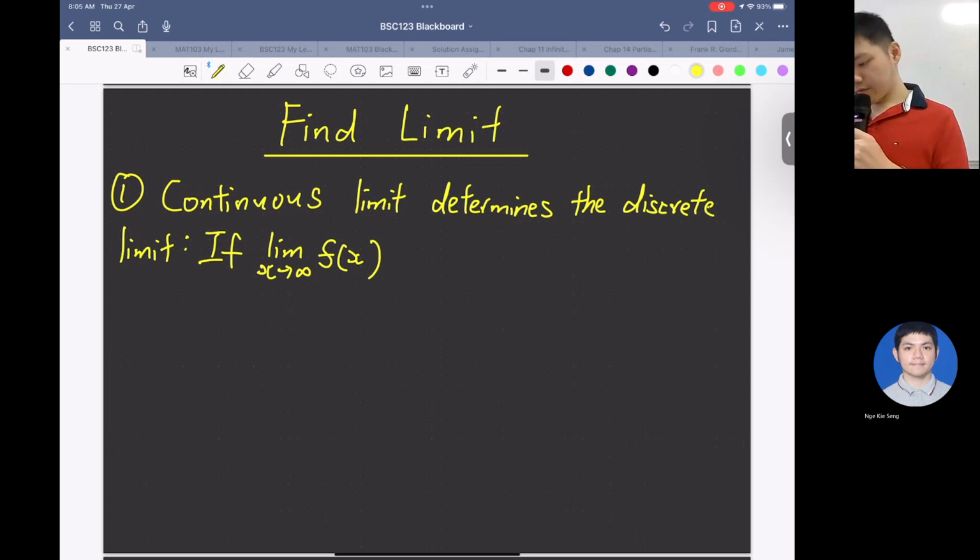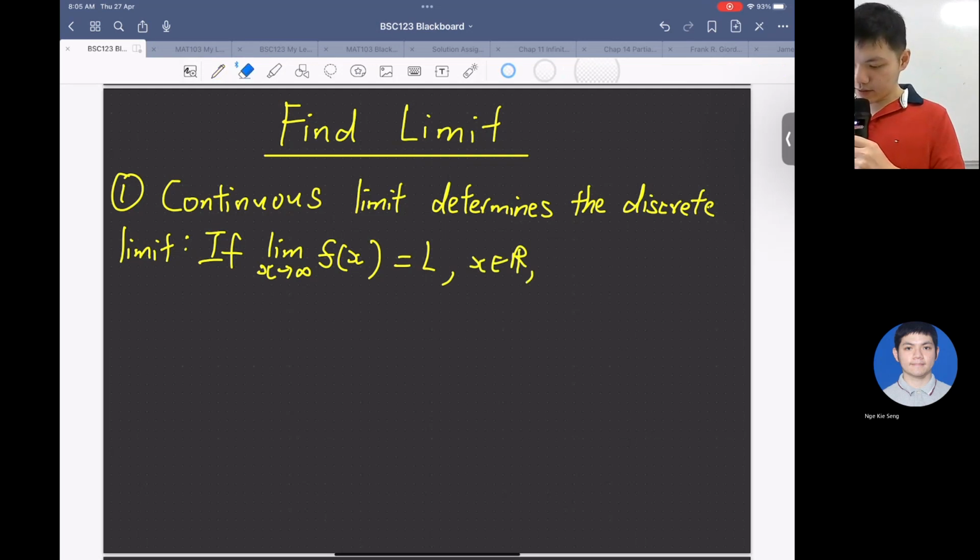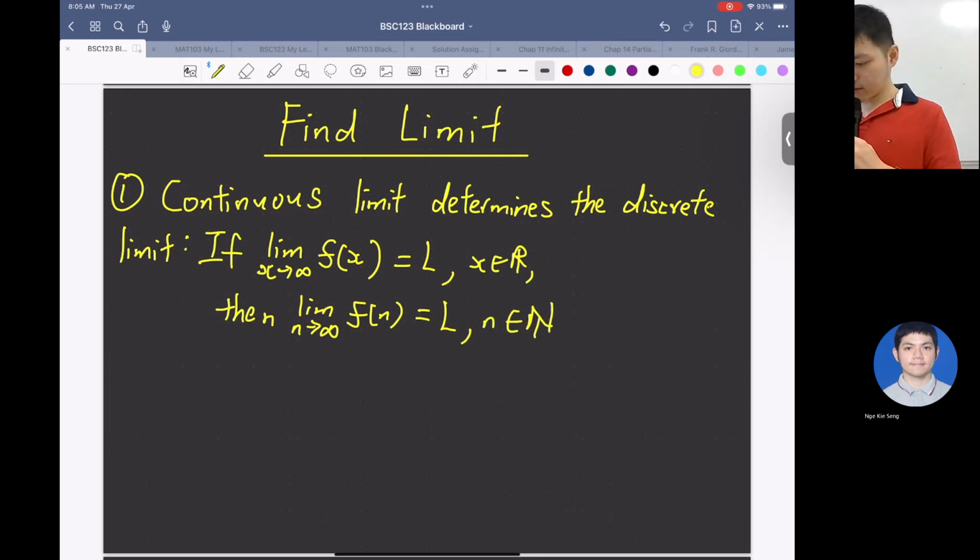Okay, so if as x goes to infinity, f(x) equals some limit L, and here x is real, then we can find the discrete sequence defined by f(n), which is also equal to L. Here n is a natural number.